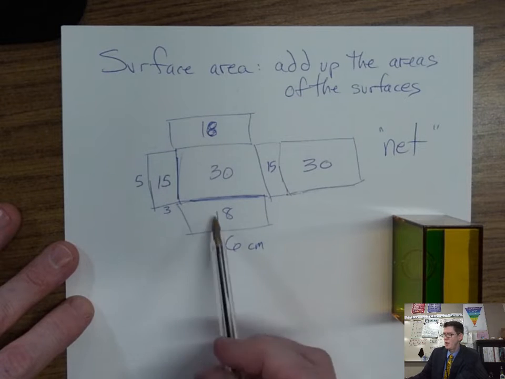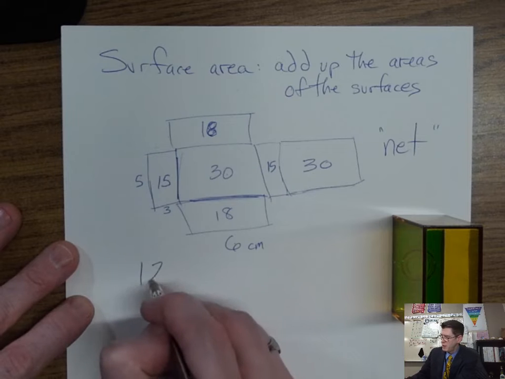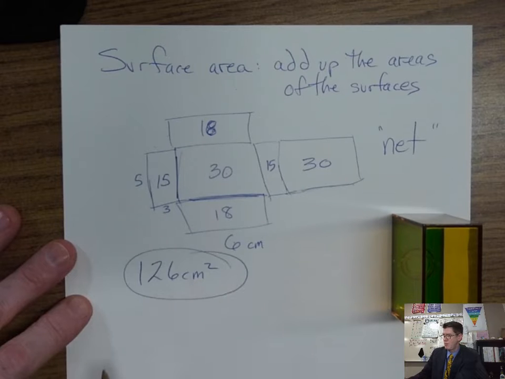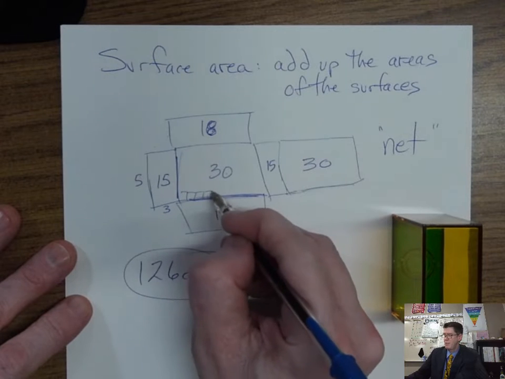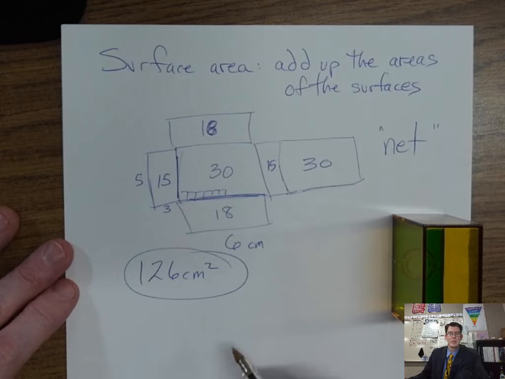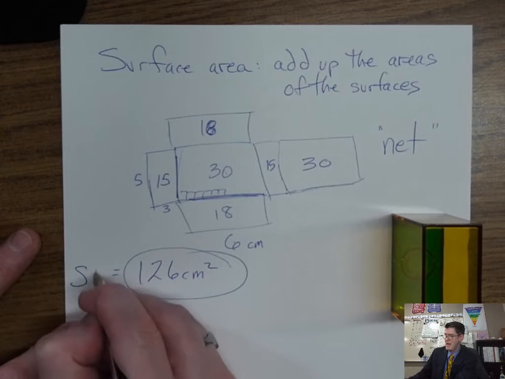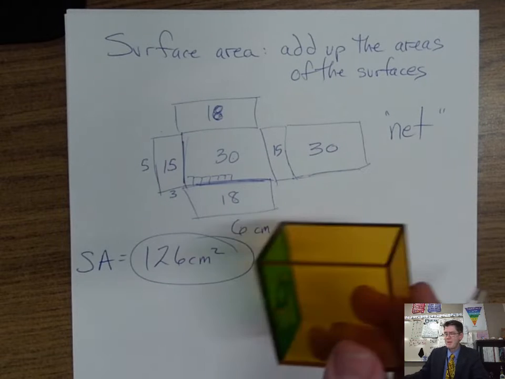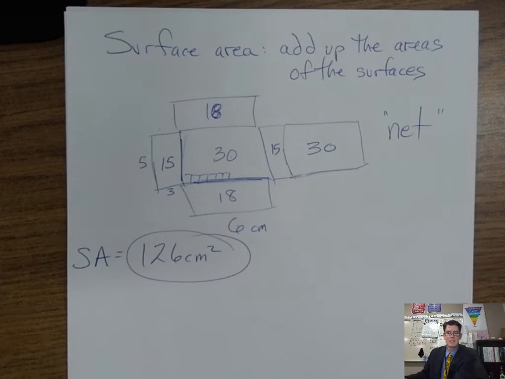And then it's 100, so it's 126 centimeters squared, because it's area. We're asking how many squares will fit in. 126 centimeters squared is the SA, or the surface area. And that's all surface area is, finding that.